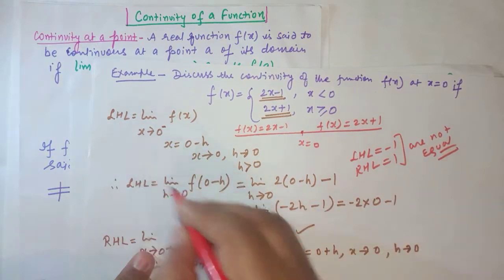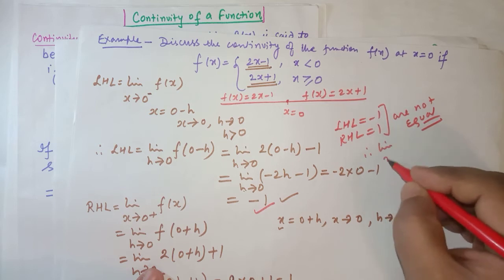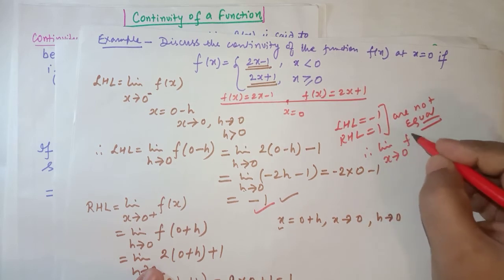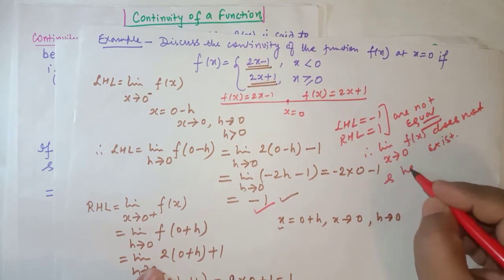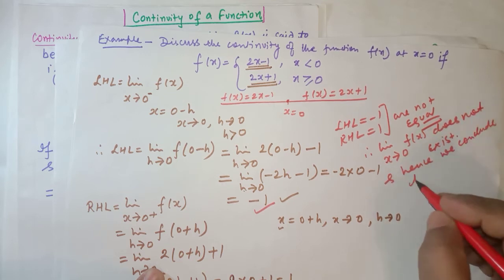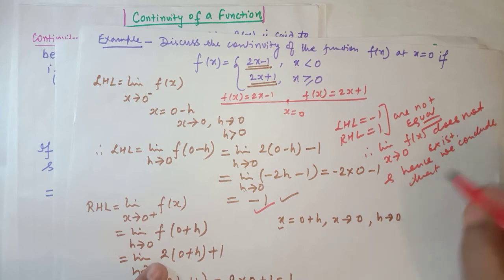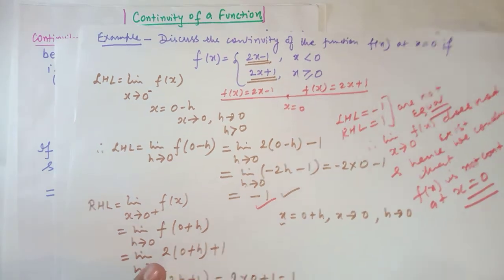The limits exist, but they are not equal. So therefore the limit as x tends to 0 of f(x) does not exist, and hence we conclude that f(x) is not continuous at x equal to 0. Clear?